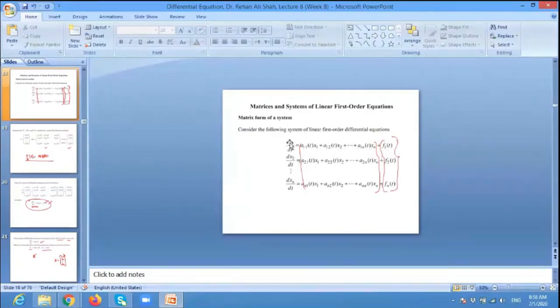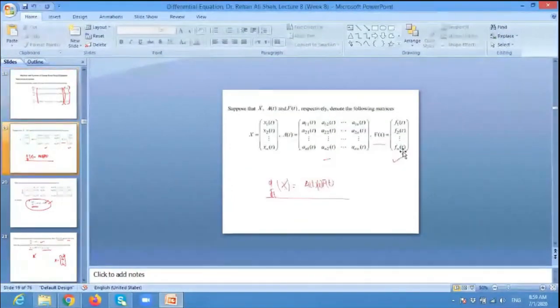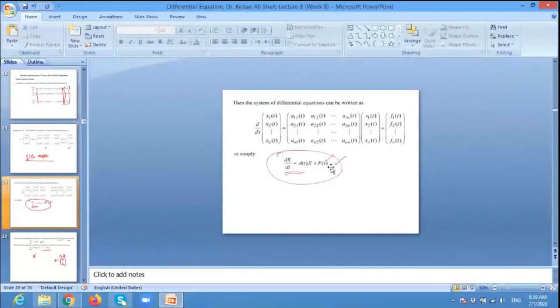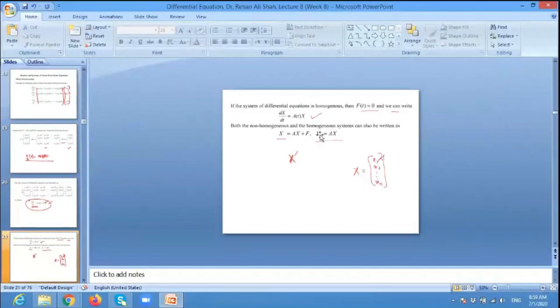So what is the x dash vector in this case? This is x1 dash, x2 dash, x3 dash, xn dash, and what is the coefficient matrix? That is a11, a12, a1n and this one. What is f of t? This is f1(t), f2(t). So this system can be written as x dash is equal to Ax plus f of t. So if f of t is equal to 0, this will become homogeneous and this will become x dash is equal to Ax. ये तो समझ में आ रहा है ना?